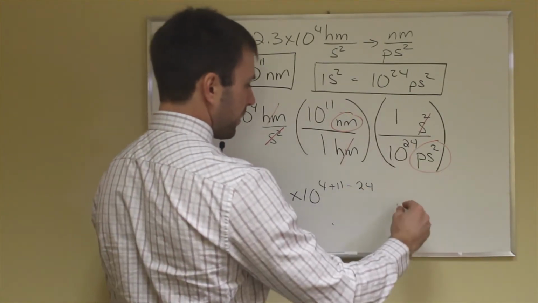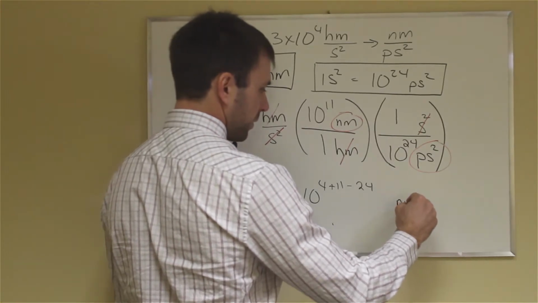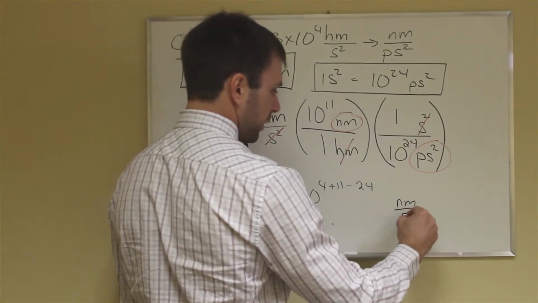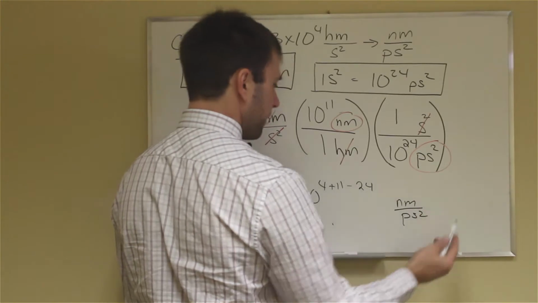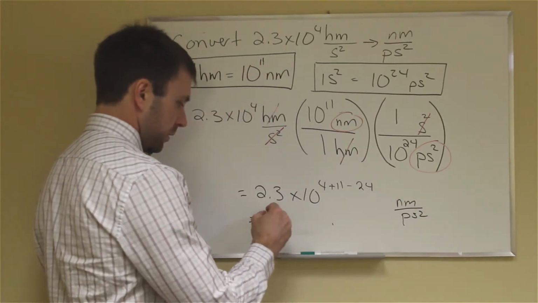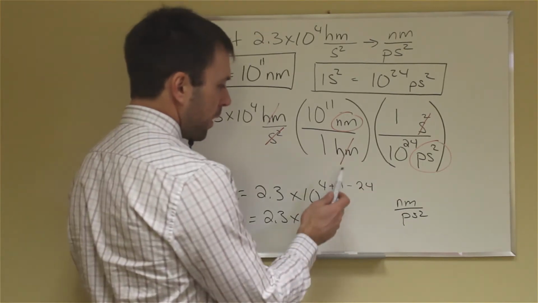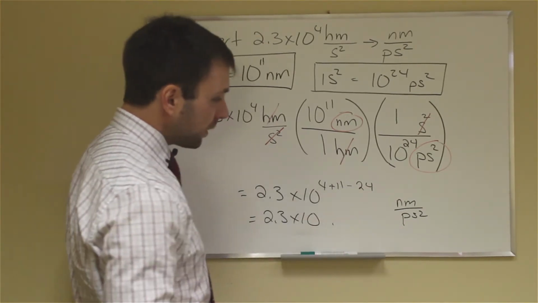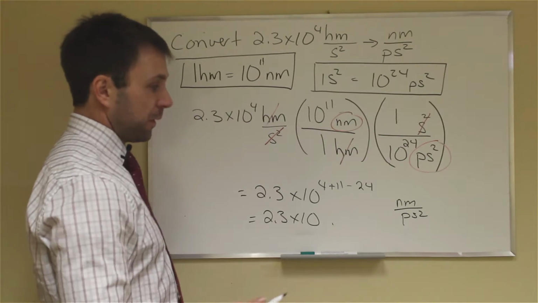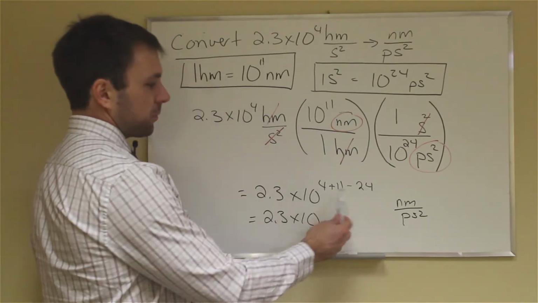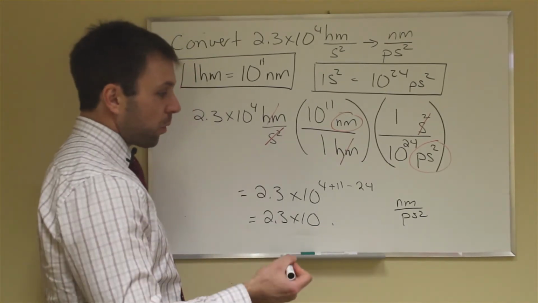And my units are going to be nanometers over picoseconds squared. So this leaves me with 2.3 times 10 to the power of 4 plus 11, which gives me 15. And then I need to minus 24.